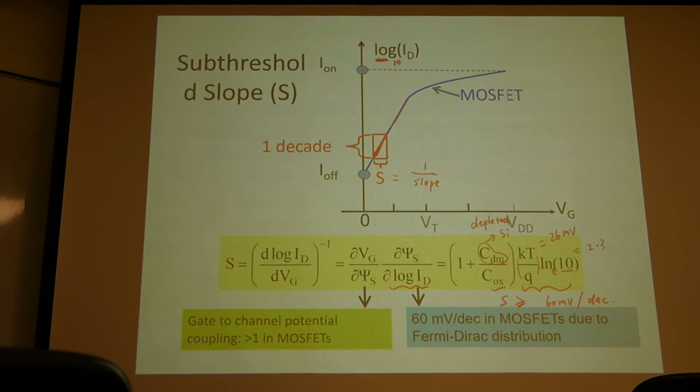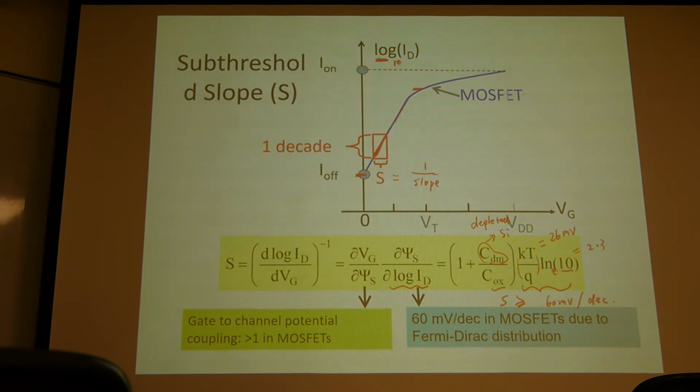You want to keep the on-off ratio of your transistor. You want the current here and the current here to be orders of magnitude different, because one is on state, one is off state. You need to make this on-off ratio large.